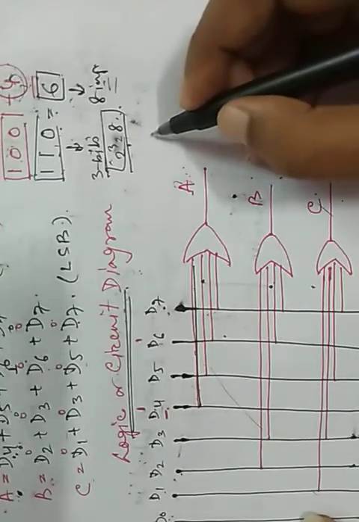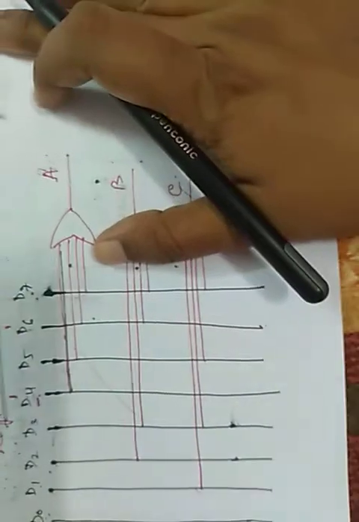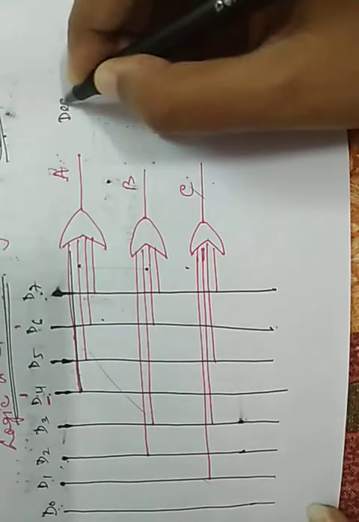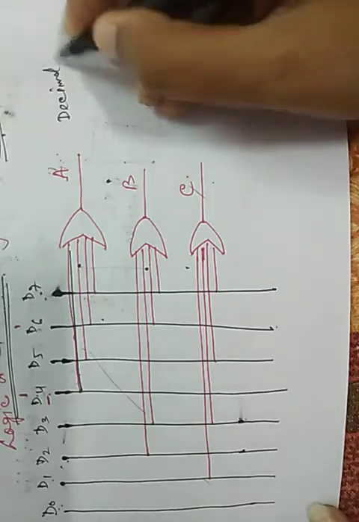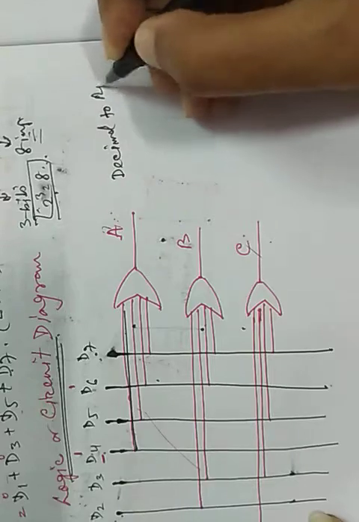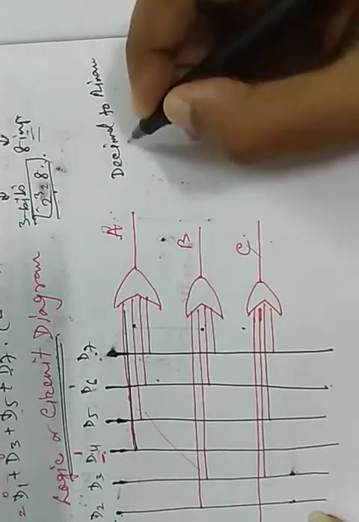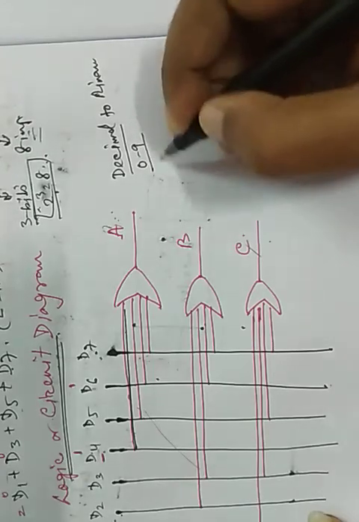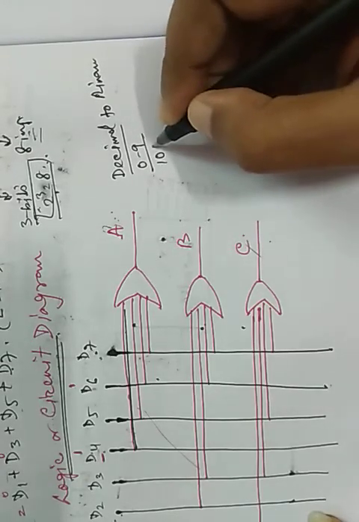Similarly, we can encode decimal to binary. We can also make an encoder of decimal to binary. In the decimal number system there are digits 0 to 9, that means 10 numbers.